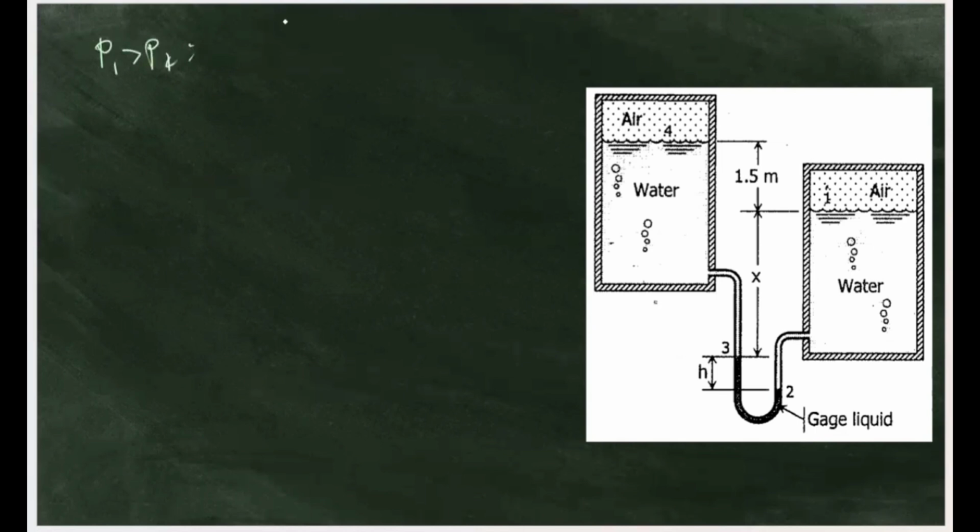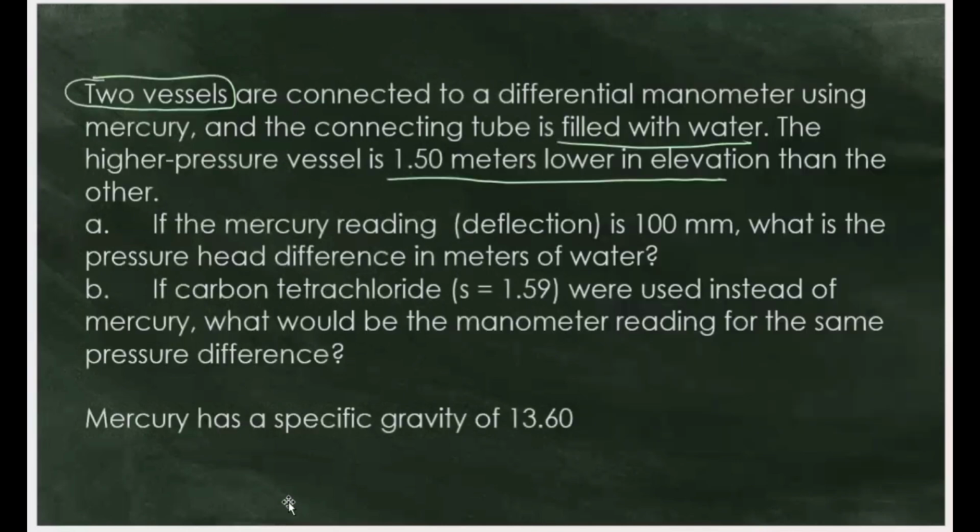So, ang hinahanap natin dito is yung P sub 1 over gamma minus P sub 4 over gamma. Ito ang unknown sa letter A na tanong, no? Pressure difference. Sabi, yung H daw, this is 100 millimeter at ang ginamit na liquid ay mercury. Sinabi dito sa problem na ang mercury natin, specific gravity na 13.6. Ayan, nasa baba. Ayan, mercury specific gravity of 13.6.